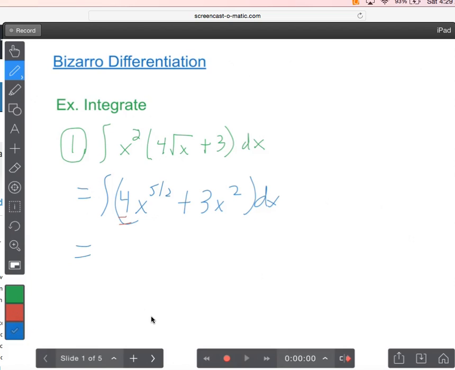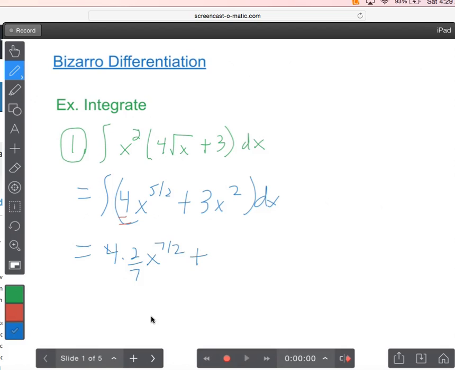So the antiderivative of 4x to the 5/2 power will give us 4 times the antiderivative of x to the 5/2 power, which would be x to the 7/2 power over 7/2. That's the same as multiplying by 2/7 x to the 7/2 power.